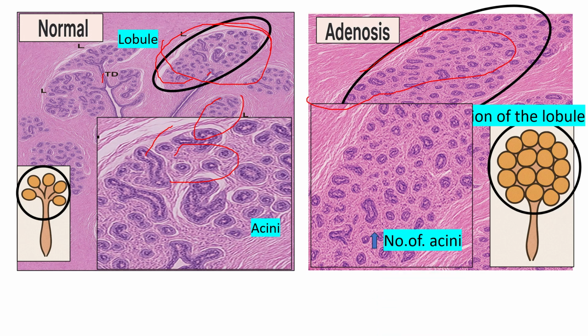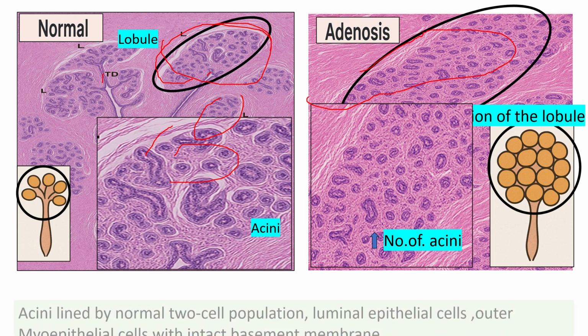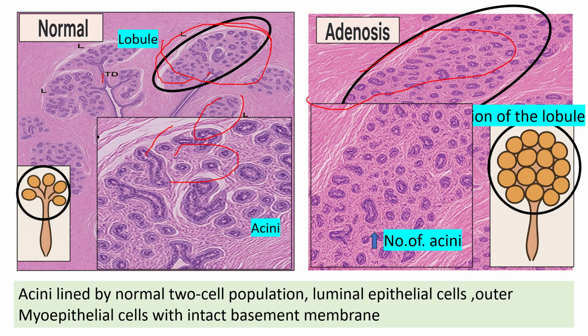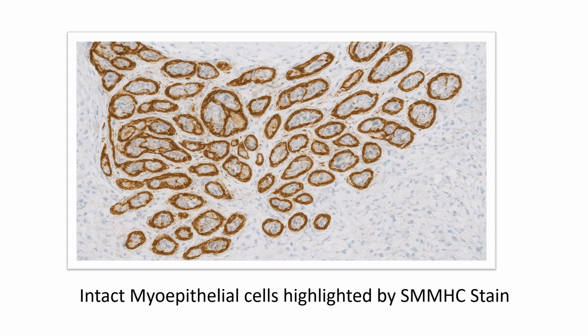So there is increase in the number of acini per lobule. That is adenosis. So acini are lined by normal two-cell population, that is luminal epithelial cells and outer myoepithelial cells with intact basement membrane in case of adenosis. Here it is IHC of smooth muscle myosin heavy chain, which shows intact myoepithelial cells at the outer rim of each acini.